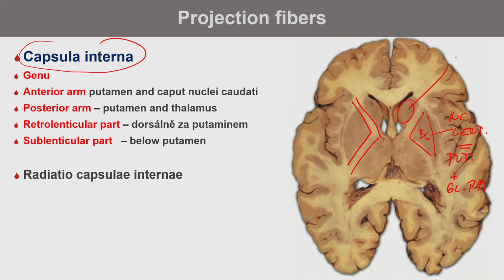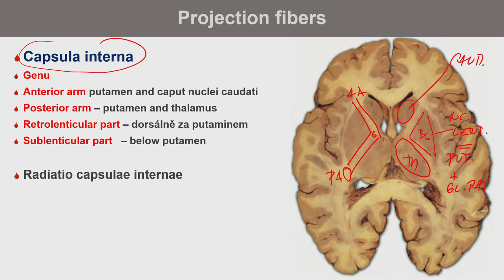And here is a caudate, and here is a thalamus. So this is a V-shaped band which has genu, anterior arm, and posterior arm. And also parts which are not seen on this section, retrolenticular, which is seen here, and sublenticular part, below putamen.